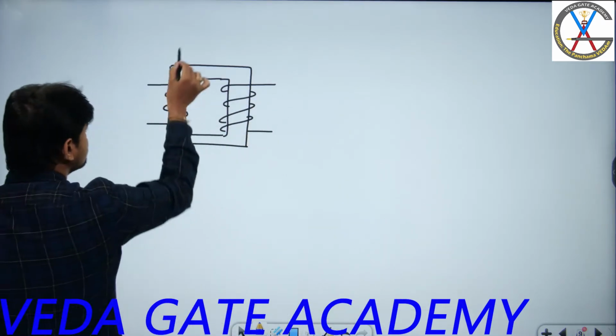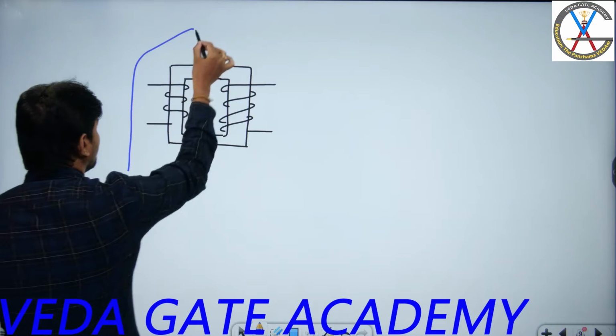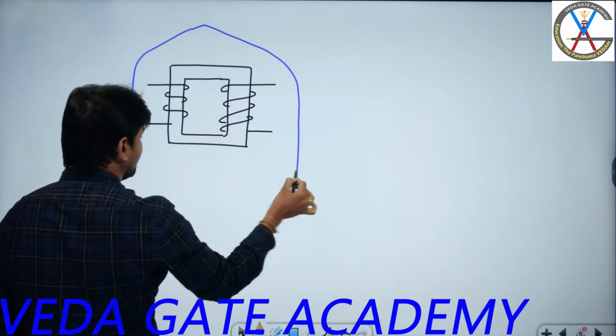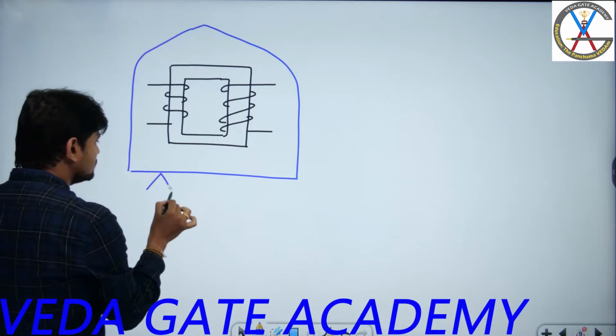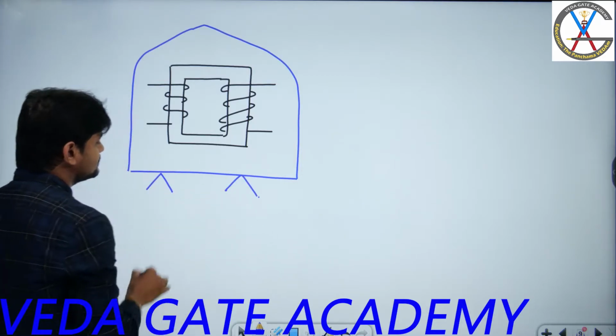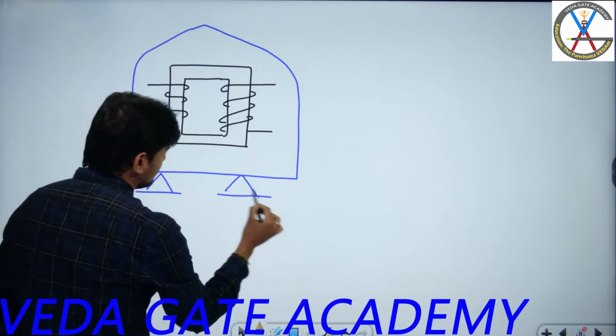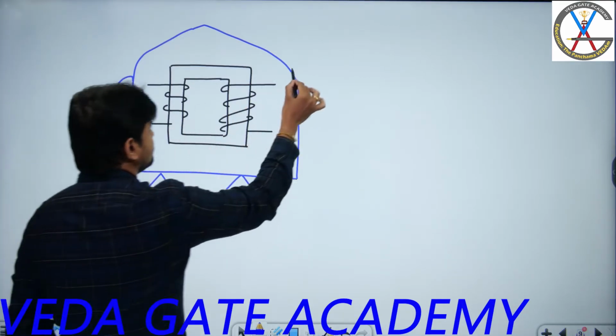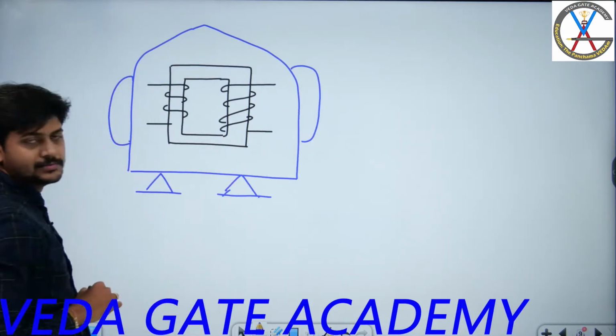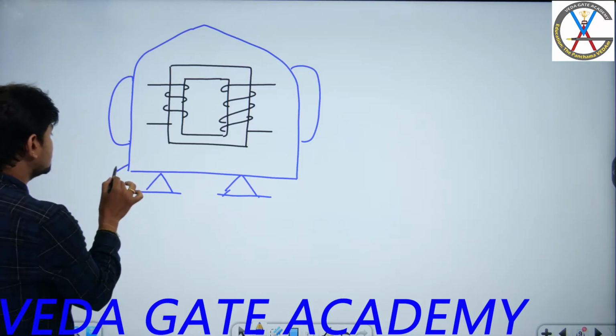The transformer tank. Let us assume this is my base of the transformer. Okay, to get a feel, I am going to draw in this fashion. So this is my transformer tank.